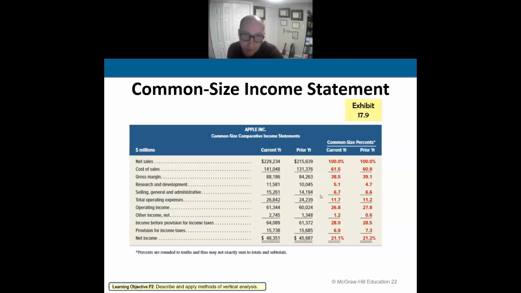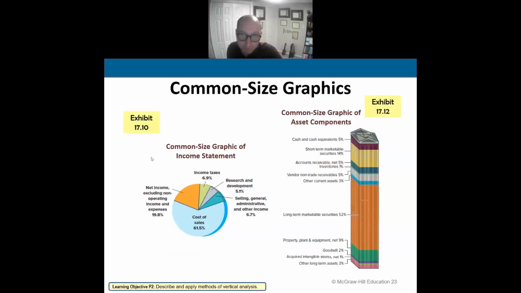Just a little trick. But we can see the reason why we do this is to better understand the trends, and we can compare the company's performance to other companies based off of this information. And of course, we could always make it nice and graphical. We can present the information in meaningful ways for people who don't want to read the financial statements.